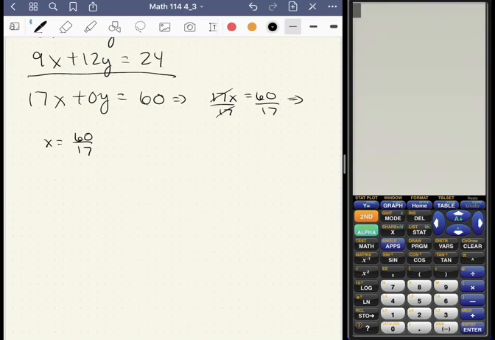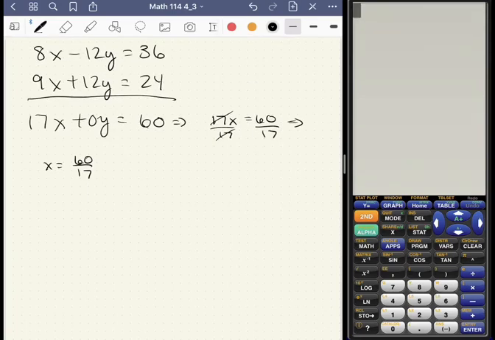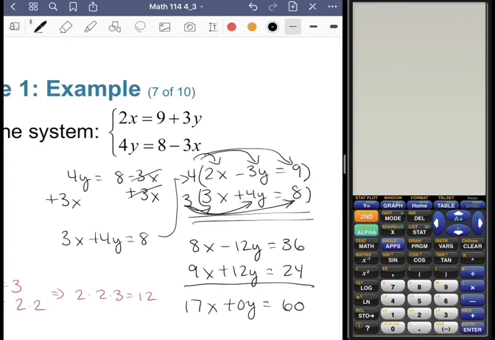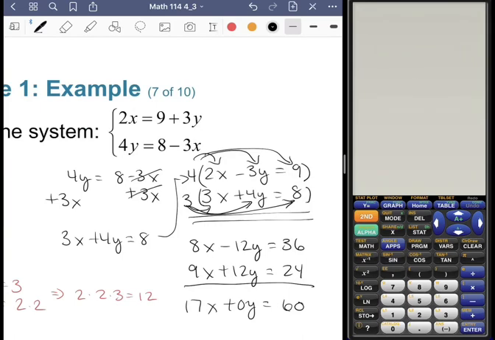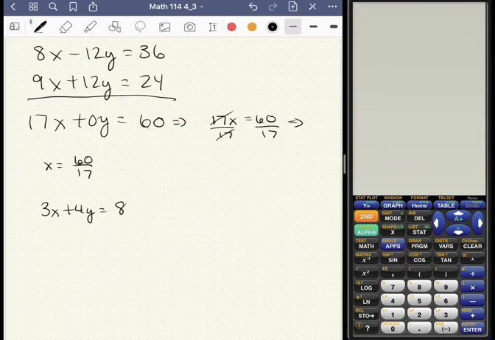So let's continue. Now that we have an x, we must find y. And we have two options. We have 2x minus 3y is equal to 9, and 3x plus 4y is equal to 8. I don't care which one you use. I'm going to use the bottom one again because y is already positive. So I have 3x plus 4y is equal to 8, which was one of our initial equations.